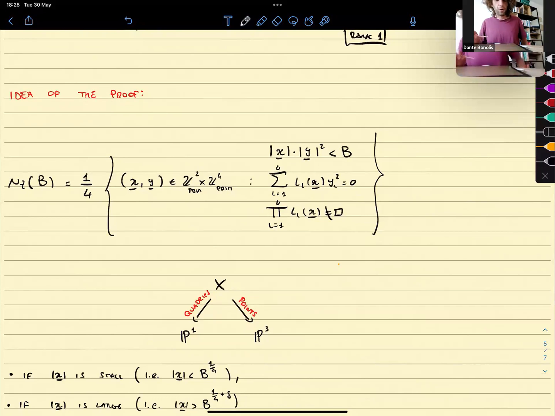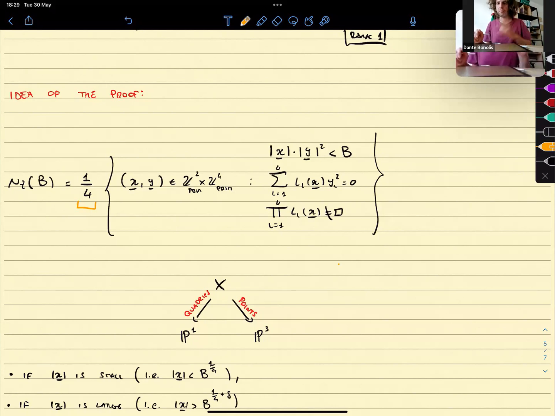Here is going to be our counting function. Let me explain what we are doing. We want to count points in projective space P1 cross P3. The idea is that we can do this by counting primitive vectors in Z2 cross Z4, and the meaning of the 1/4 is given by the fact that over Z we have just 2 units, which are 1 and -1.